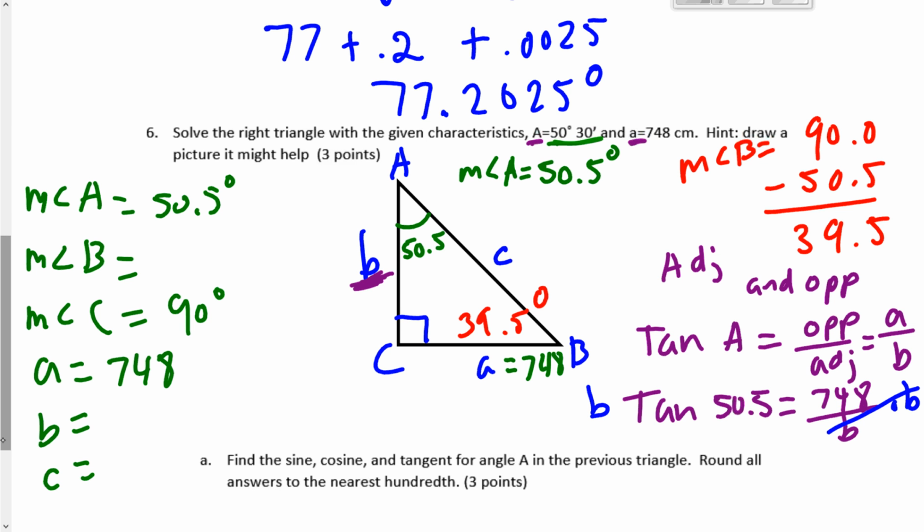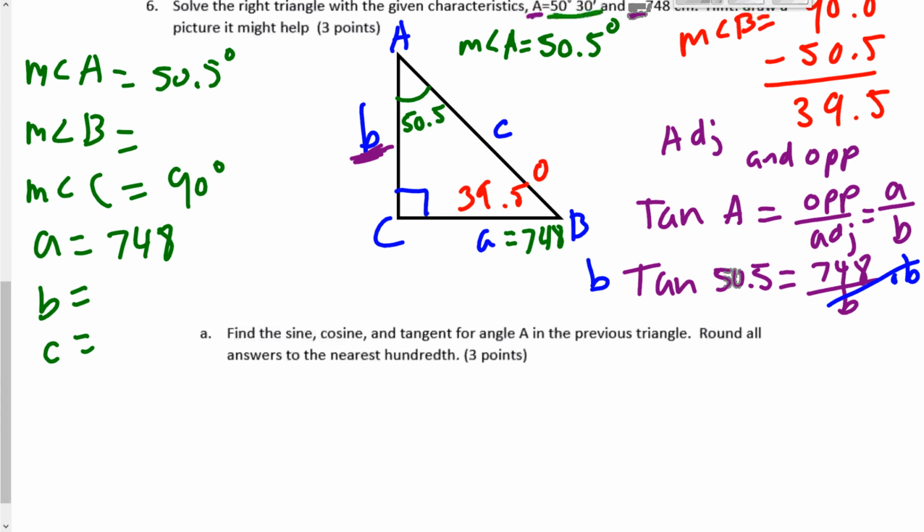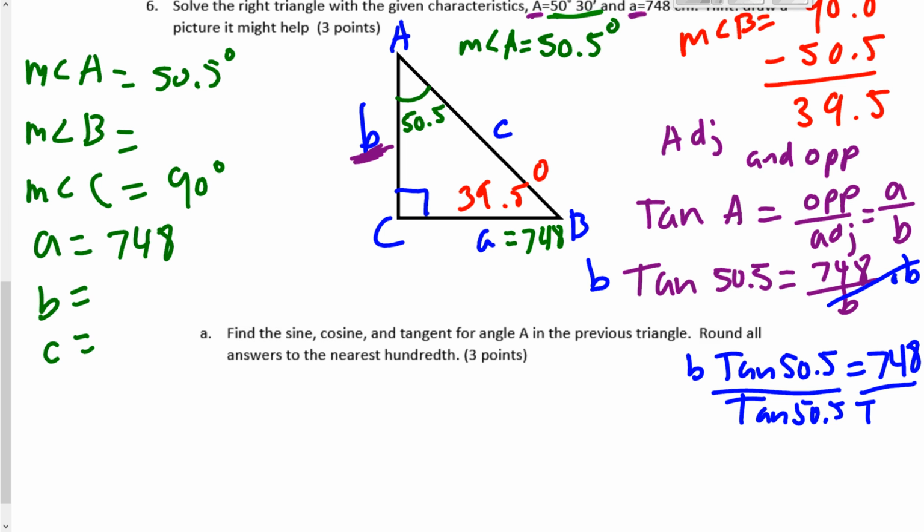And so I get B tan of 50.5 is equal to 748. And then I want to divide, so see how they just kind of switch places there. And really, you could have just flipped the fractions, right? Because if I flip one side of the equation, I can just flip the other.